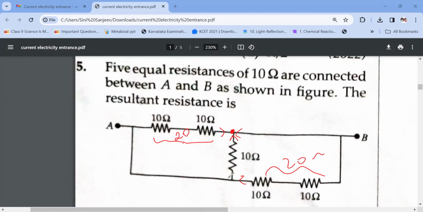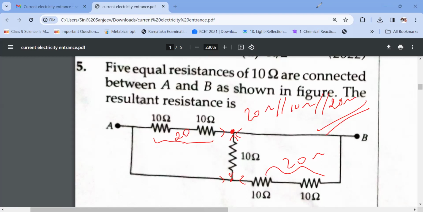What about current here? Current can enter how many ways? Three ways. Yes, it's a junction here, no? Current can enter or leave this junction three ways. So this 20 ohm is in parallel with what? 10 ohm is parallel with another 20 ohms. Is this concept clear to everyone?